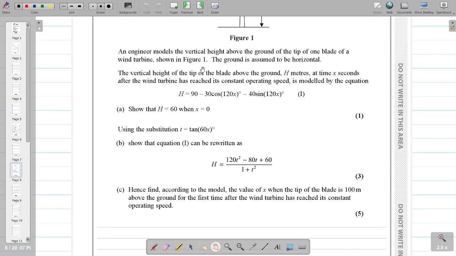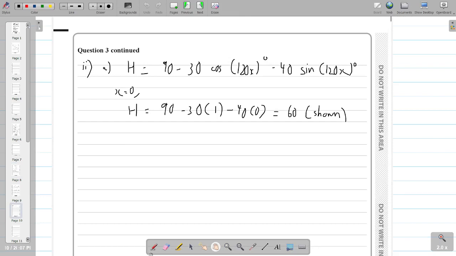Question B. Using the substitution t equals tangent 60x, show that the equation 1 can be rewritten as follows. All right, now B basically says t is tangent 60x, which is essentially half of the internal angle. Now, this is essentially just the cosine double angle.